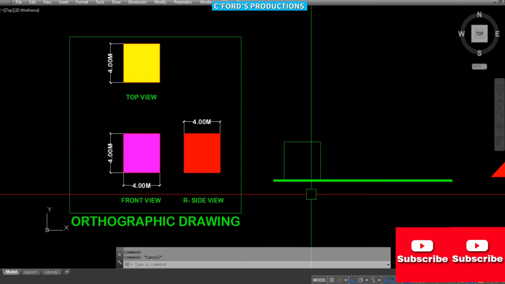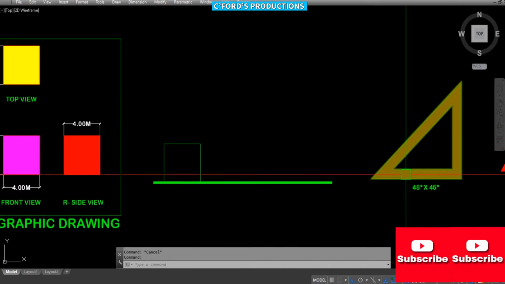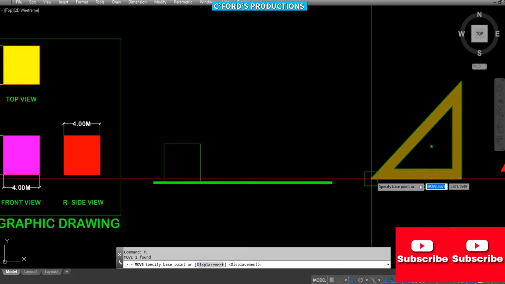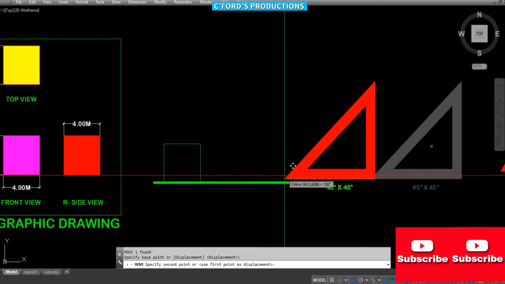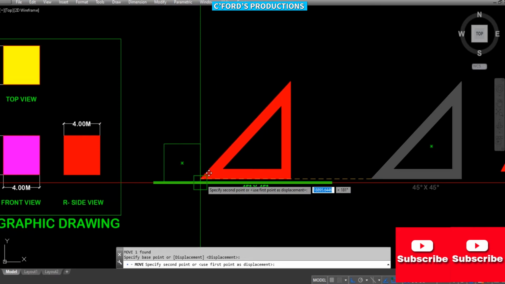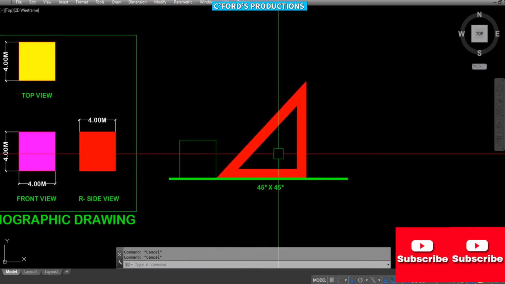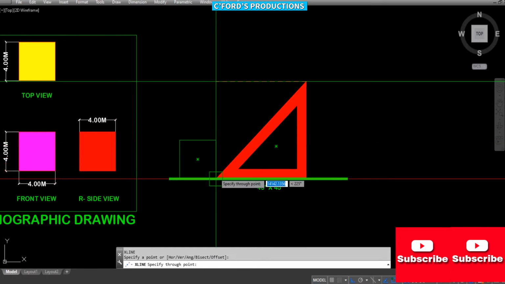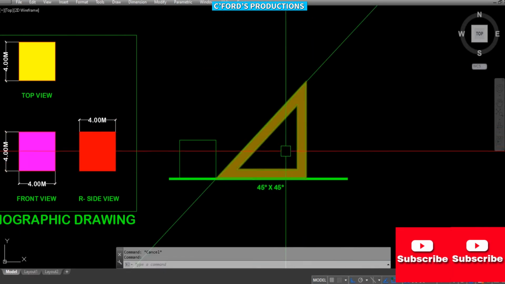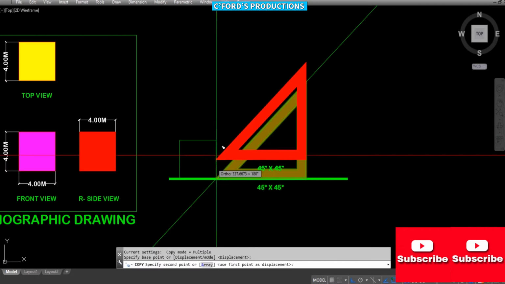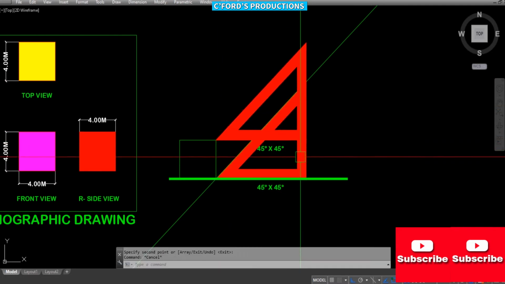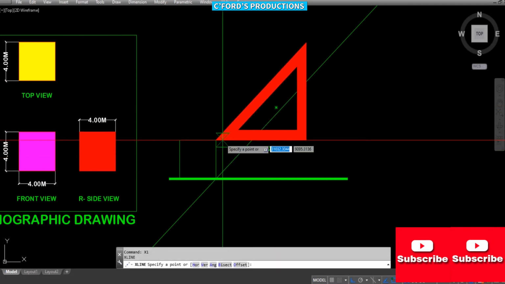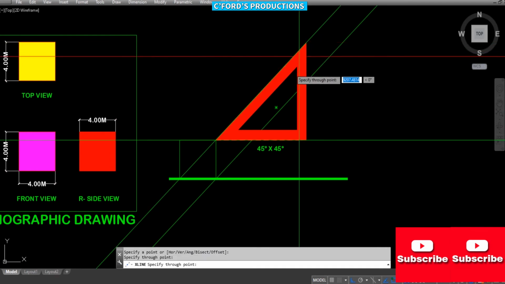We will use the 45-degree triangle. We'll create a construction line, for example, this one, and also move the triangle. So create a line or construction line.